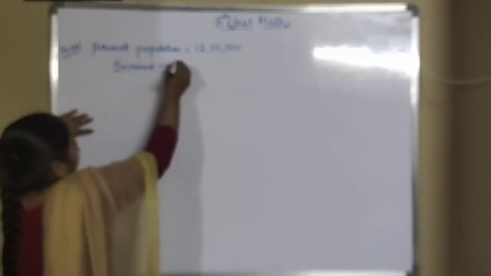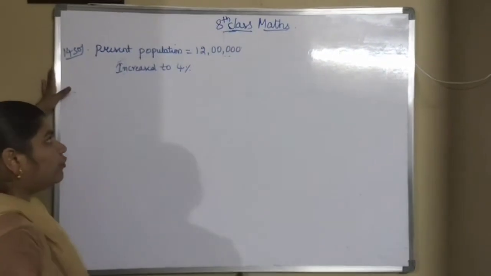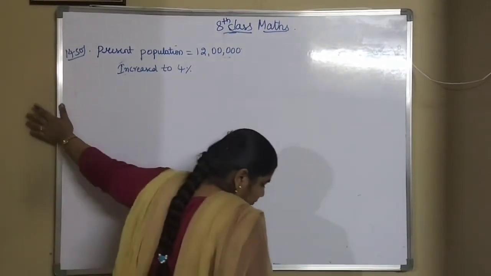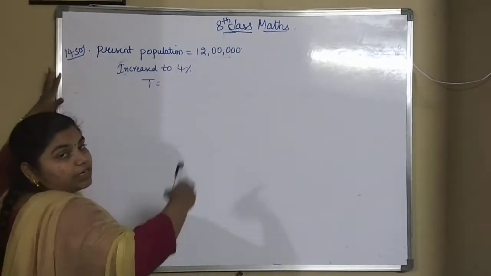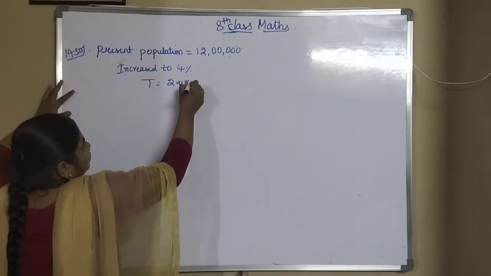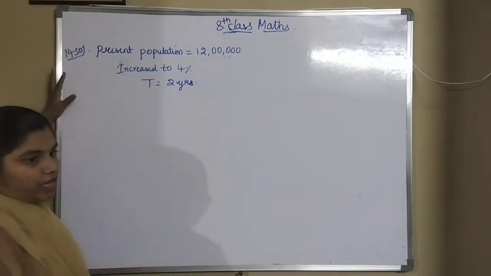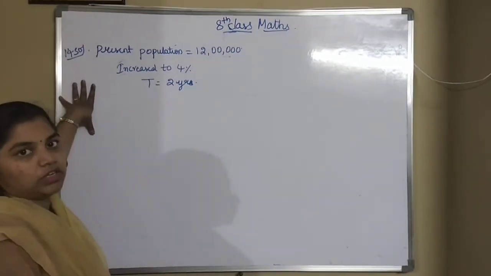That means the rate of interest value is 4%. And what is the time there? Time is 2 years. After 2 years it has been increased by 4%. So time is 2 years. We have to find the population after 2 years.